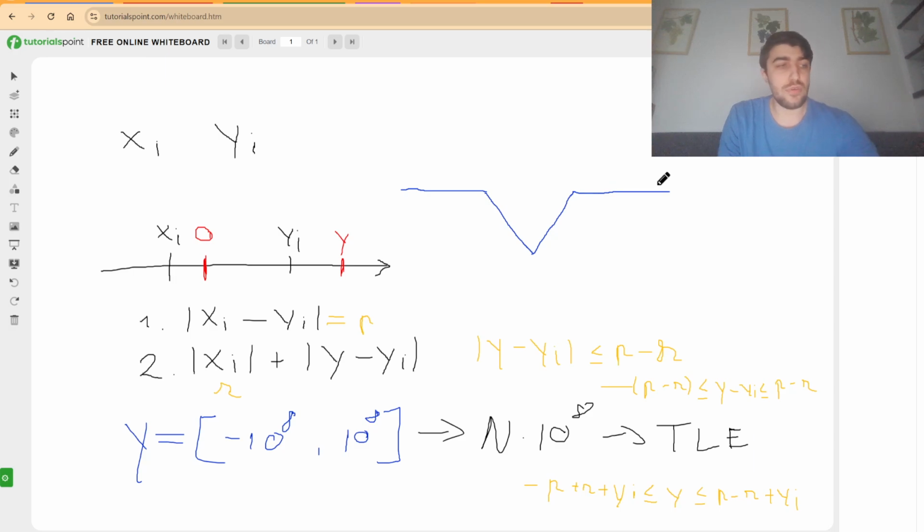So basically we will have a distance which goes down, then a distance which goes up. So this is obviously the case where we go with xi minus yi. And obviously here, as we get closer to the minimum point, which will be at yi, and then again the distance will get back up.